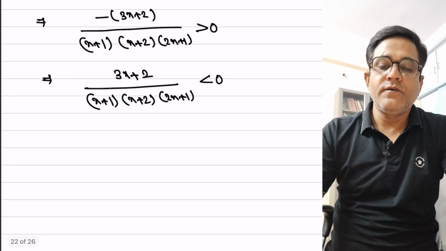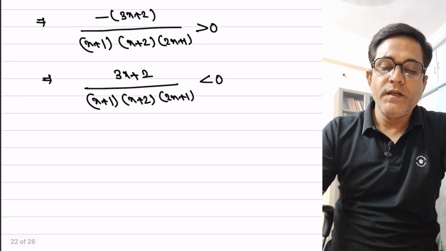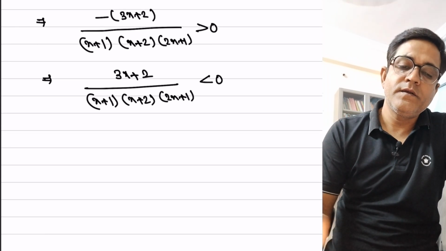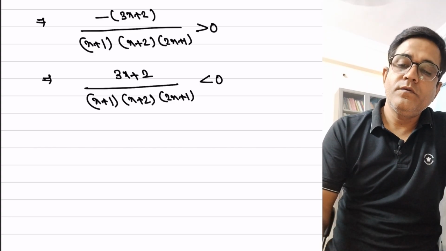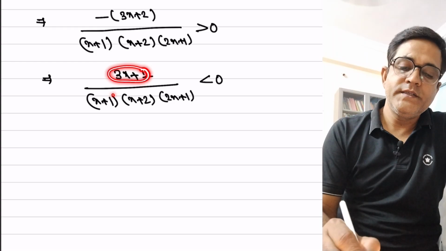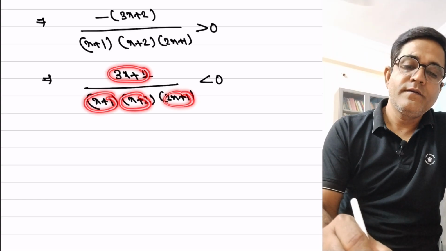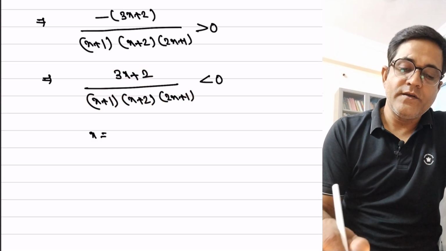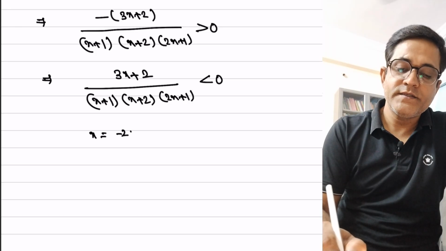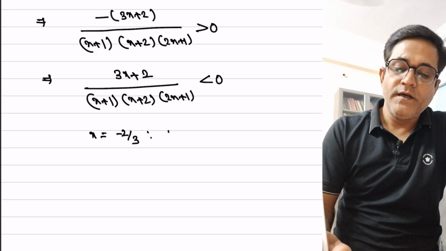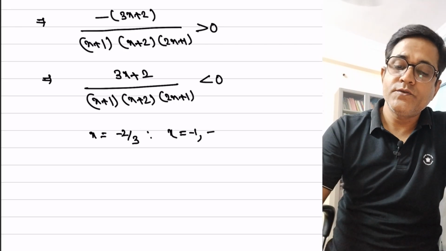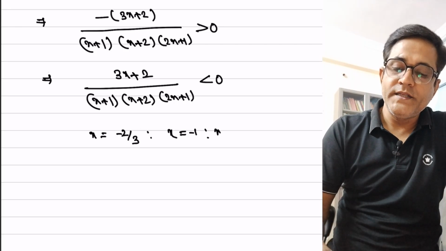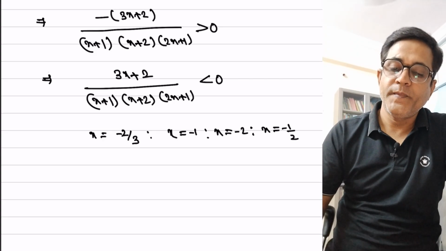Now, to solve this inequality, use the number line rule or wavy curve method. For that, what we do? The roots of each linear expression you write here. x is equal to, the numerator's root is minus 2 by 3 and the denominator's roots are x equal to minus 1, x equal to minus 2, x equal to minus 1 by 2.